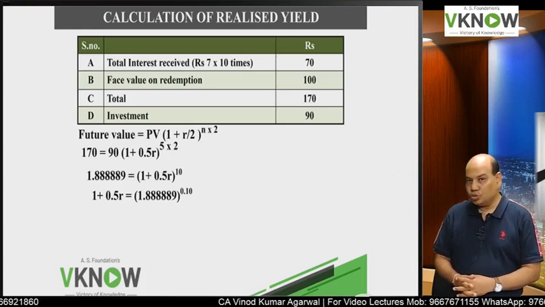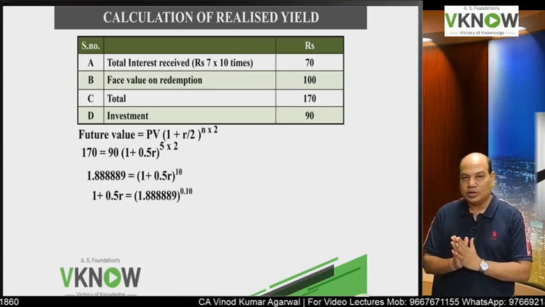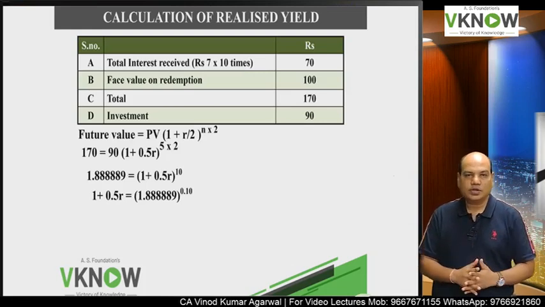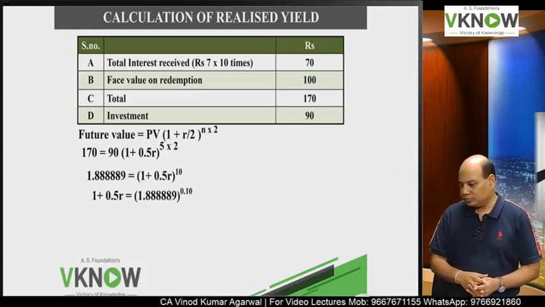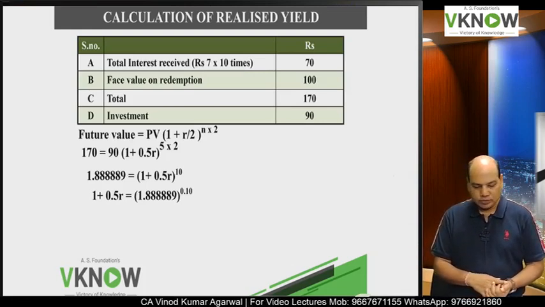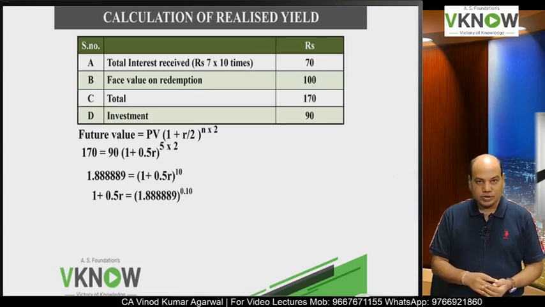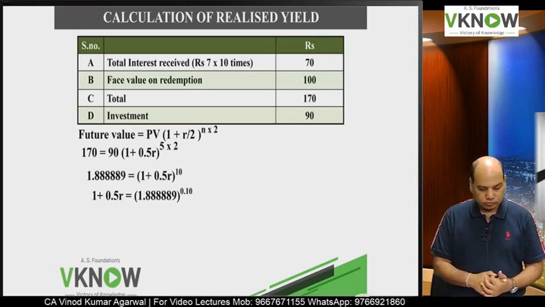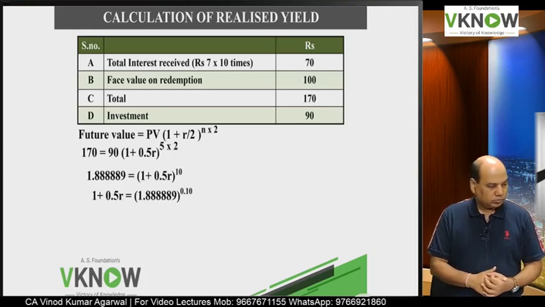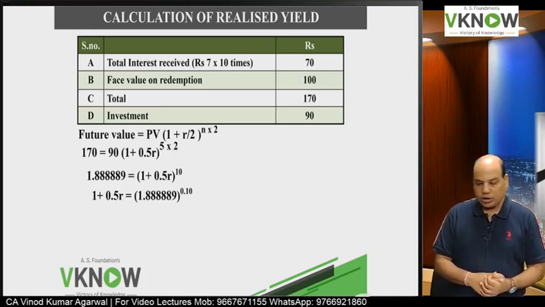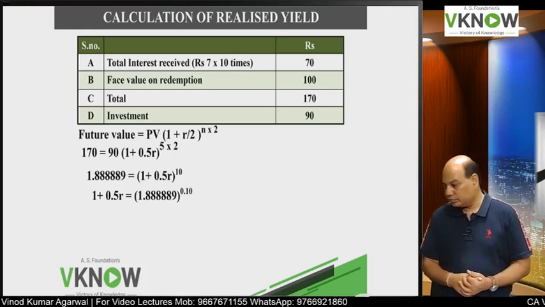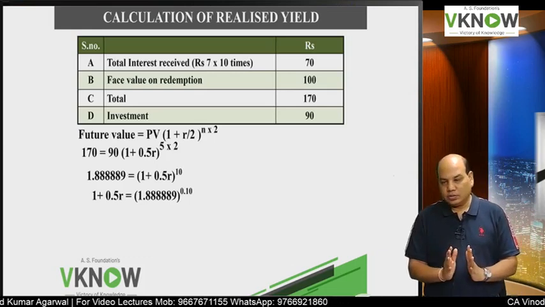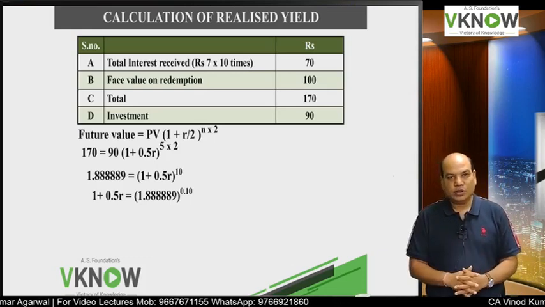So now you have to use your calculator trick to solve this part. I'll give you some seconds to try. Try and give me the answer for R. I have already explained in the last few lectures how to get it.